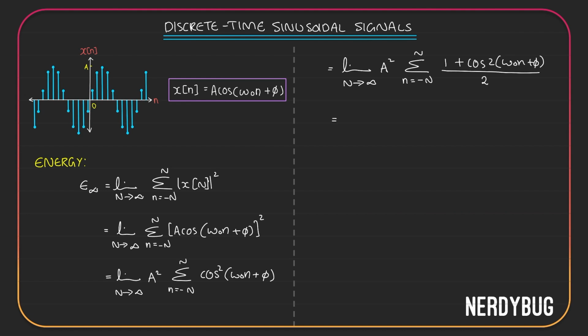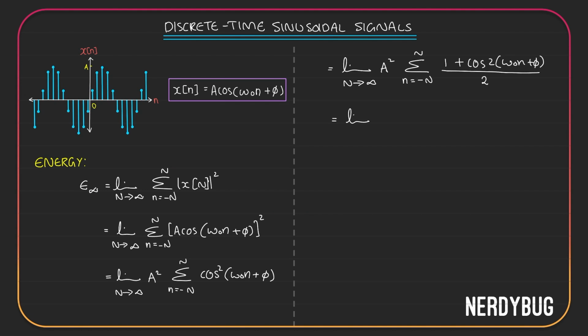We can have two summations: summation of 1 by 2 and then summation of cos of 2 omega naught n plus phi by 2. When you take summation of cos, it will become 0, just like it happened in integration, because it will have exactly positive values and then negative values. So they will cancel each other, the summation will become 0.